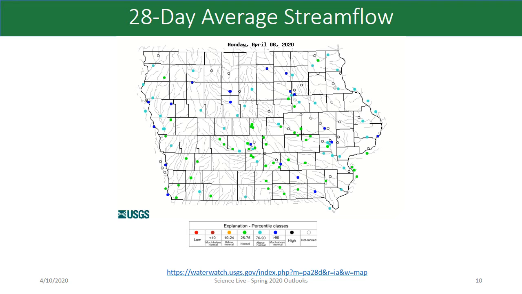Whenever we see those reds pop up, that's giving us an indication that dryness is enhancing and that we might get into drought consideration, which is something that myself and a group of experts across the state monitor for the U.S. Drought Monitor author every week.